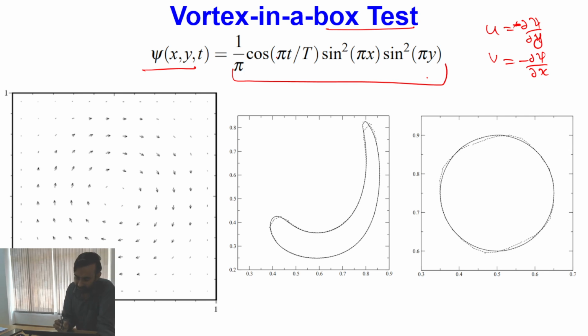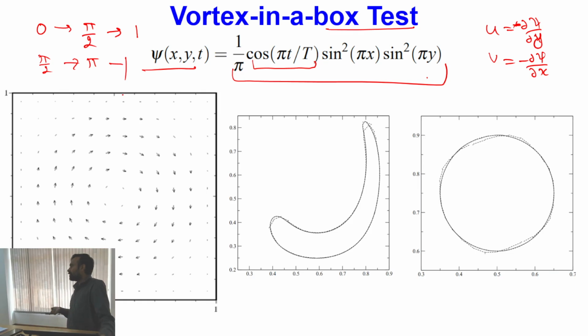And you can understand that the psi is involving a cos function. So if it is involving cos function, from 0 to pi by 2 it will be positive, and from pi by 2 to pi it will be coming negative. So sometimes it will be positive and sometimes it will be negative.